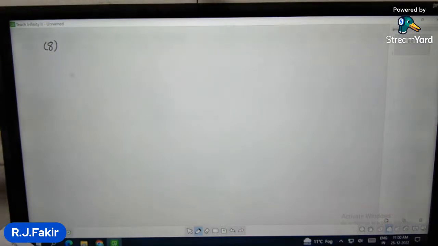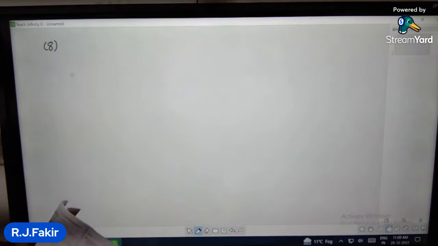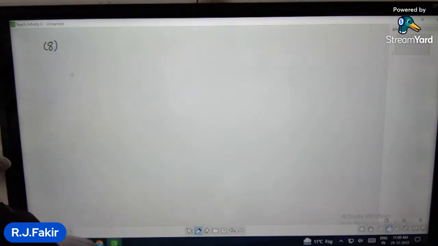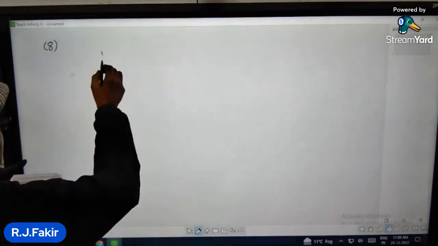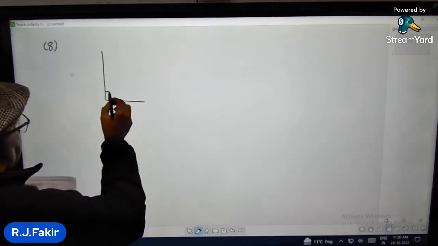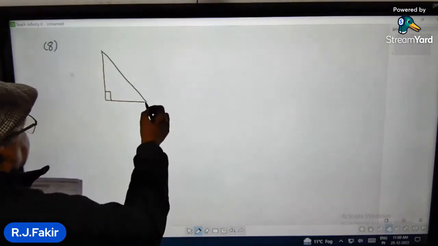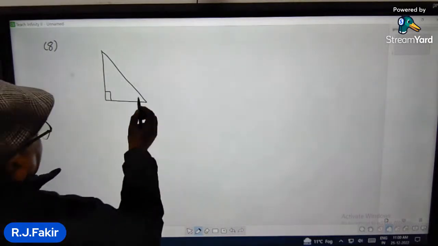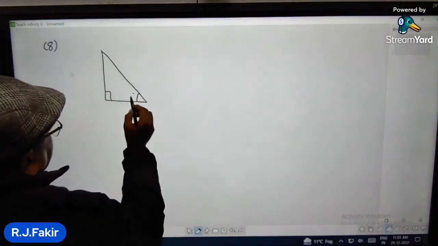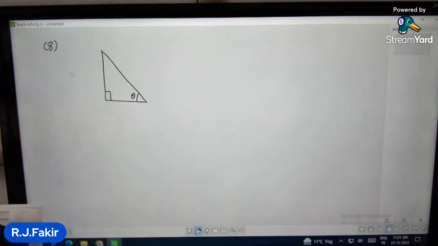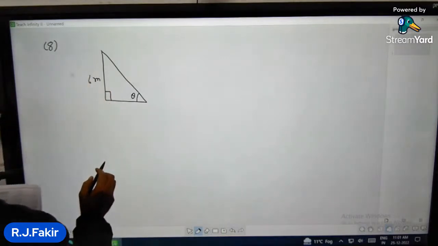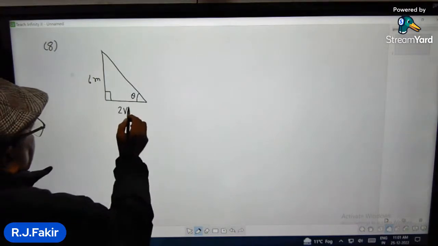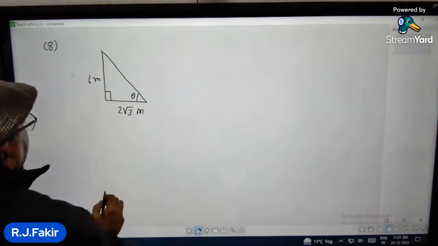Then you have to find the sun's elevation. So in such kind of questions, you can always draw a right angle triangle. And you always know that this angle theta is the elevation angle for the sun. This is 6 meter and this is 2 root 3 meter.